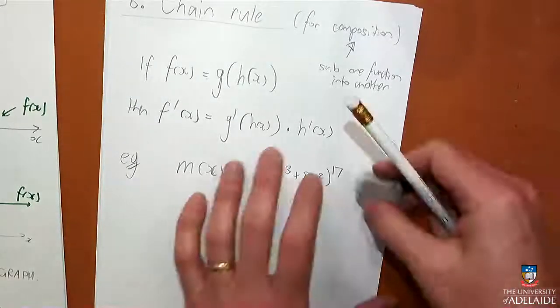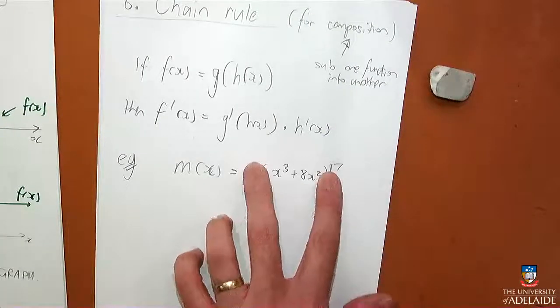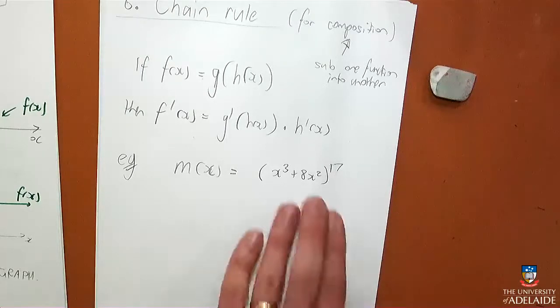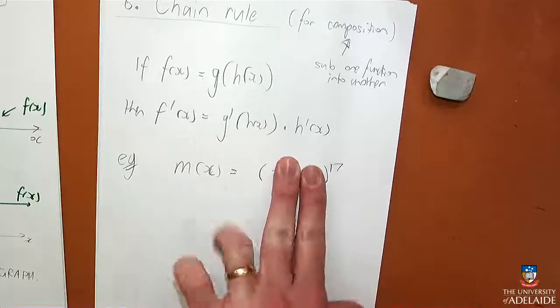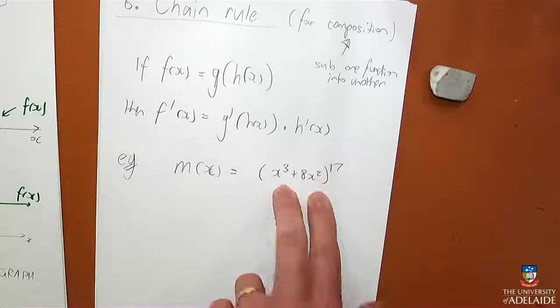But it's x cubed plus 8x squared, all to the power of 17. So what I can see here is that there is some function subbed inside another one. That if that had just been an x, it would have been x to the power of 17, and then this other function is subbed inside.